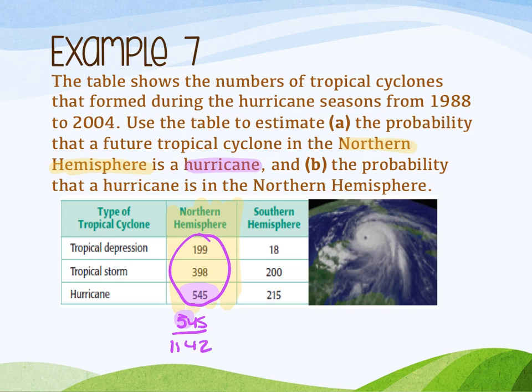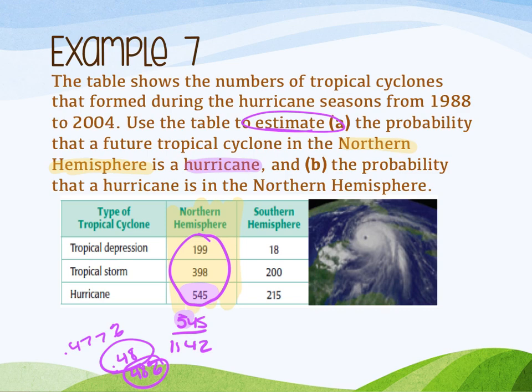With something that says estimate, it usually means give a rounded decimal. So 545 divided by 1142 gives 0.477, so this is usually something like 0.48 or 48%.